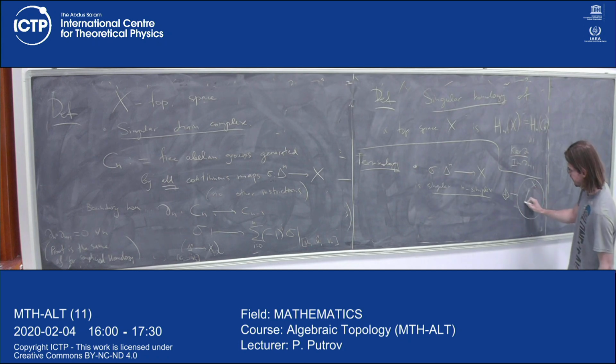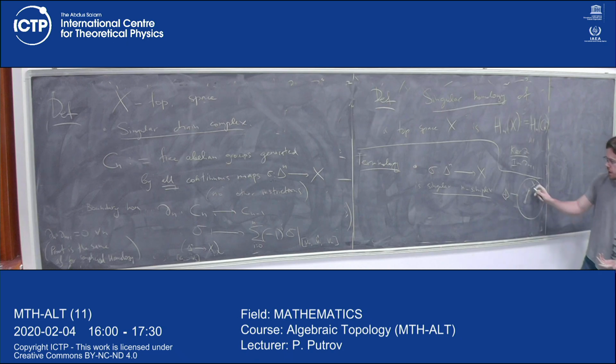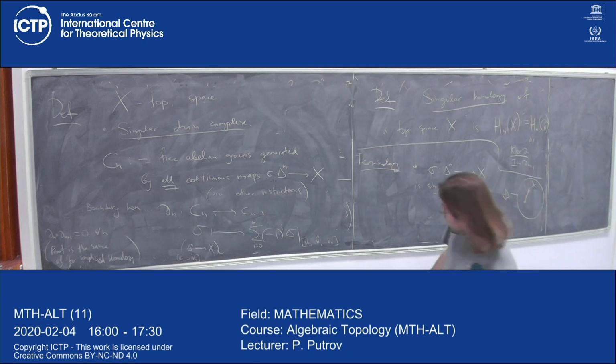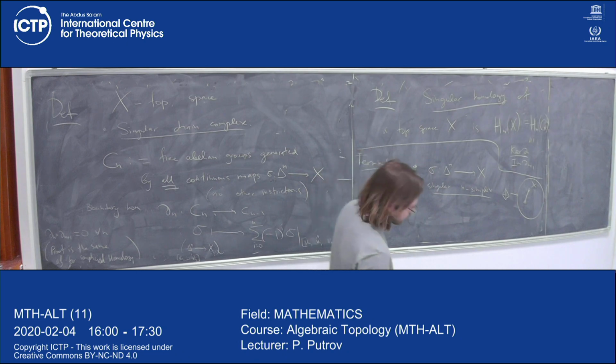For example, the image can be a very degenerate version of the simplex, it can degenerate to just an interval like this. That's why it's called singular.